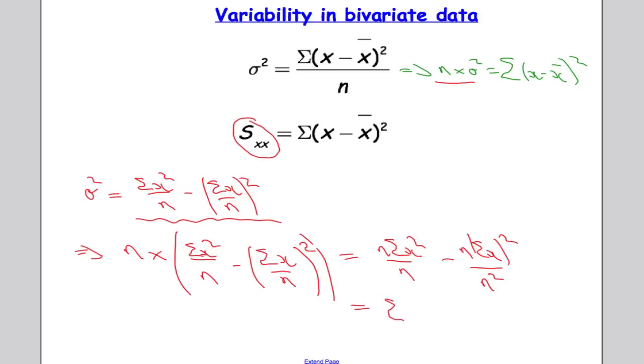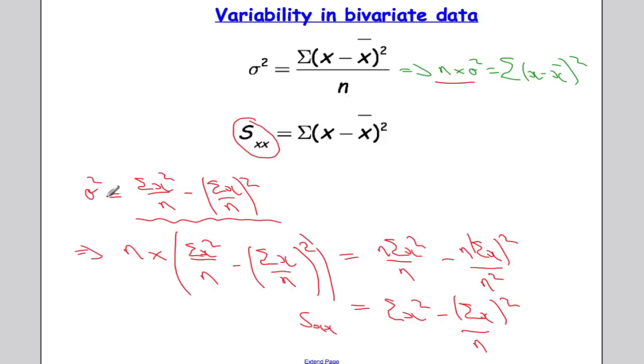We get sigma x squared minus, and an n cancels out here, we get (sigma x) all squared divided by n, and that is the formula for Sxx.